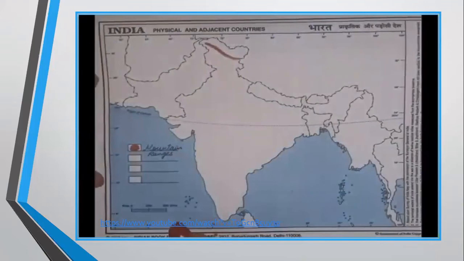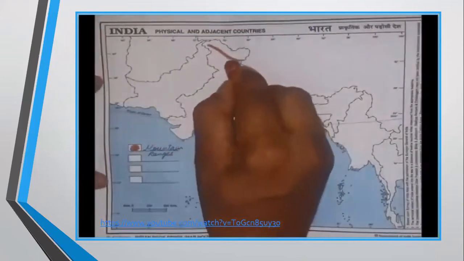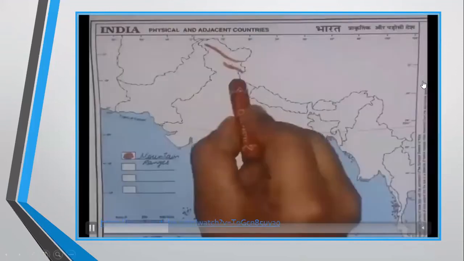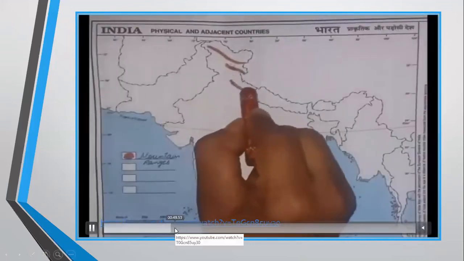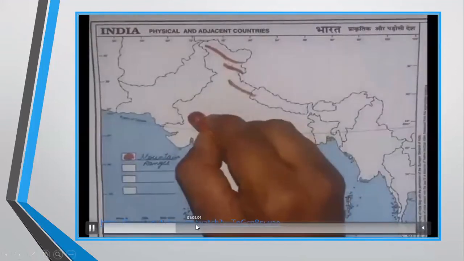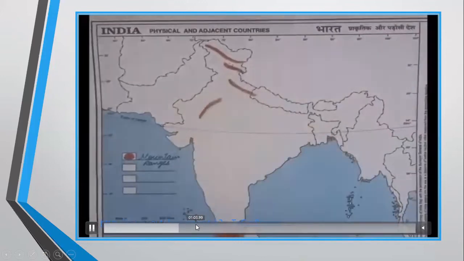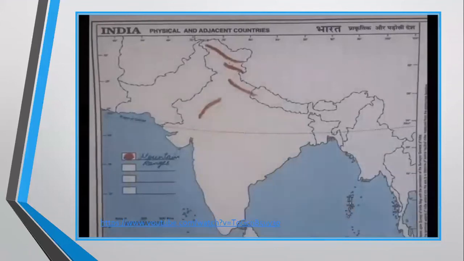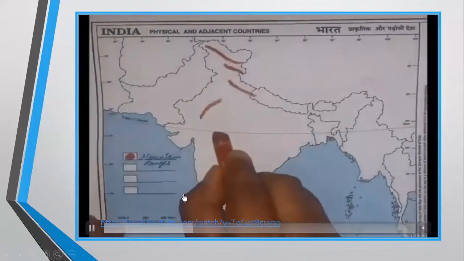Yeah, where you all have to guess. These are Aravali. The first one was Karakoram. You all have to know this, huh?